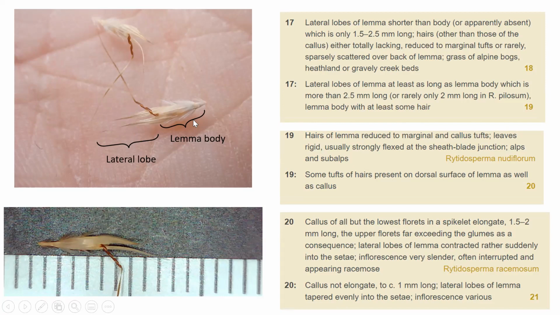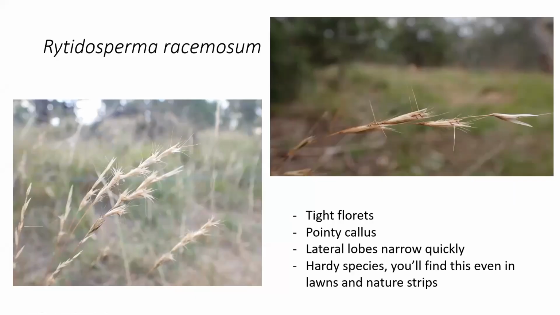Once you look at a few different species, you'll get a bit of an idea of what's a gradual contraction into the setae, or what's an abrupt one. So if the callus was very small, I think this one's long enough. So this species is Rytidosperma racemosum.